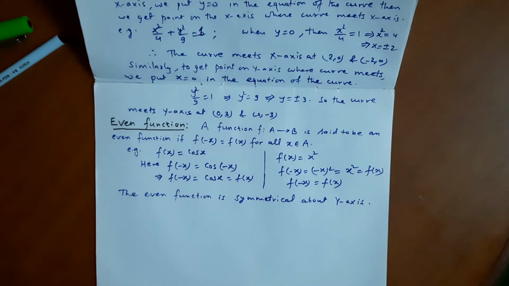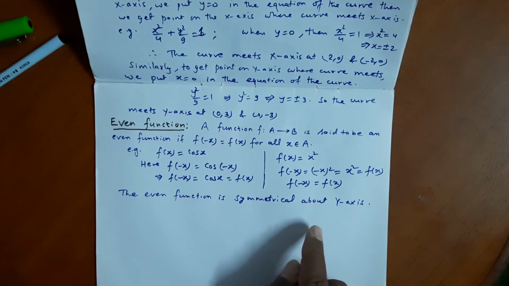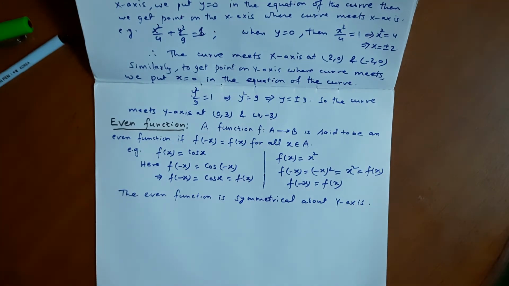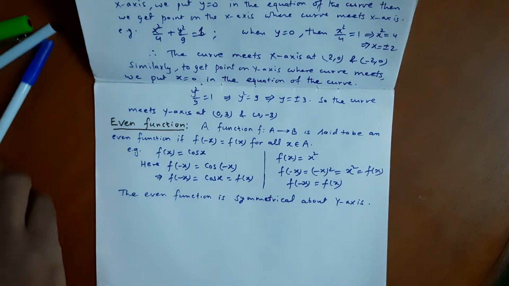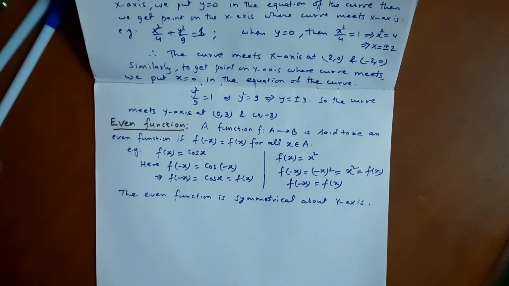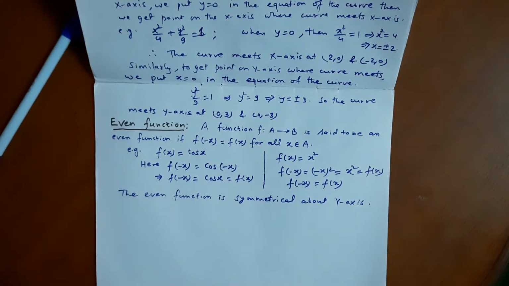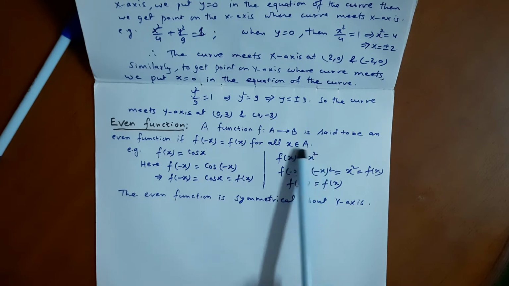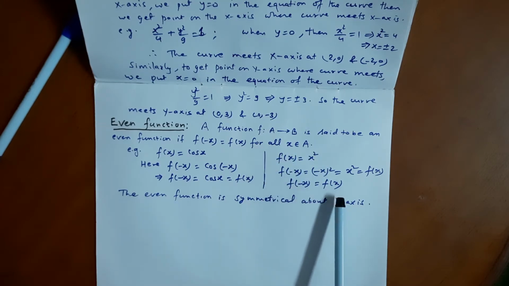Symmetrical about y-axis means y-axis divides the curve of this function into two equal parts. That's what we mean by symmetrical. And in this type of curve, if x is replaced by minus x, then the function remains unchanged.